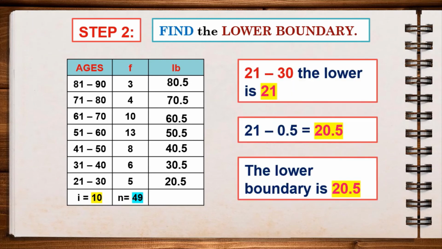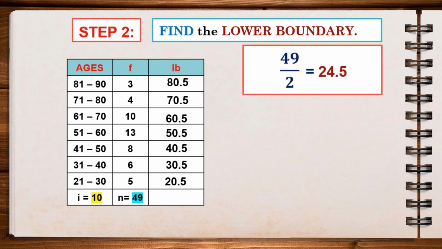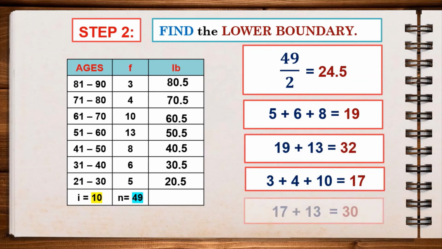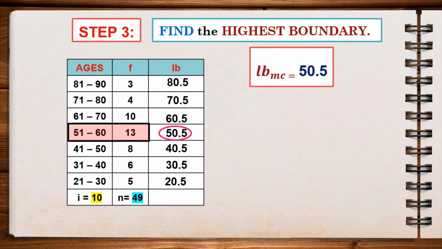Hindi ko na po yan masyadong ie-explain kasi yan na po yung ginawa natin kanina. Then, yung modal class natin ay nakita natin sa 13. Okay, so yung our lower boundary is 50.5.